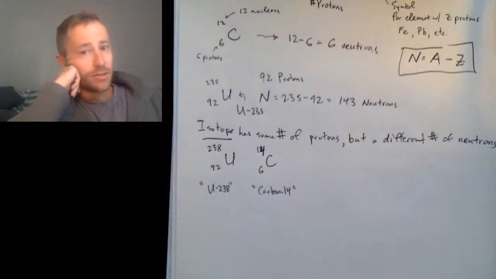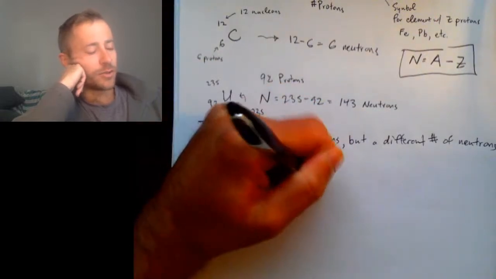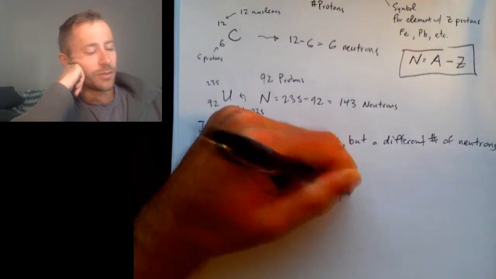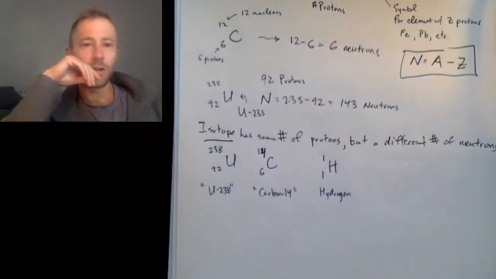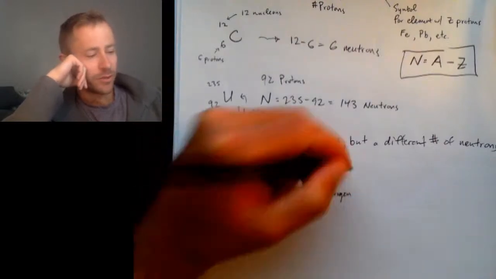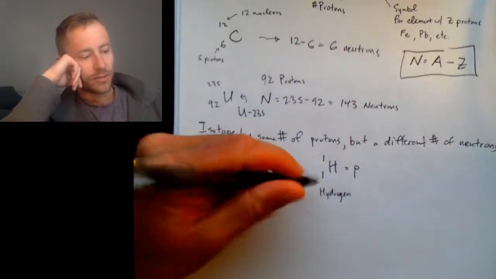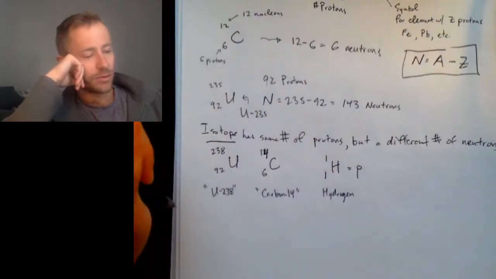If we talked about hydrogen, the normal hydrogen has 1 proton and 0 neutrons. Okay, so it's just H-1, 1. So this is basically a proton, right? Because it has 1 proton and 0 neutrons.